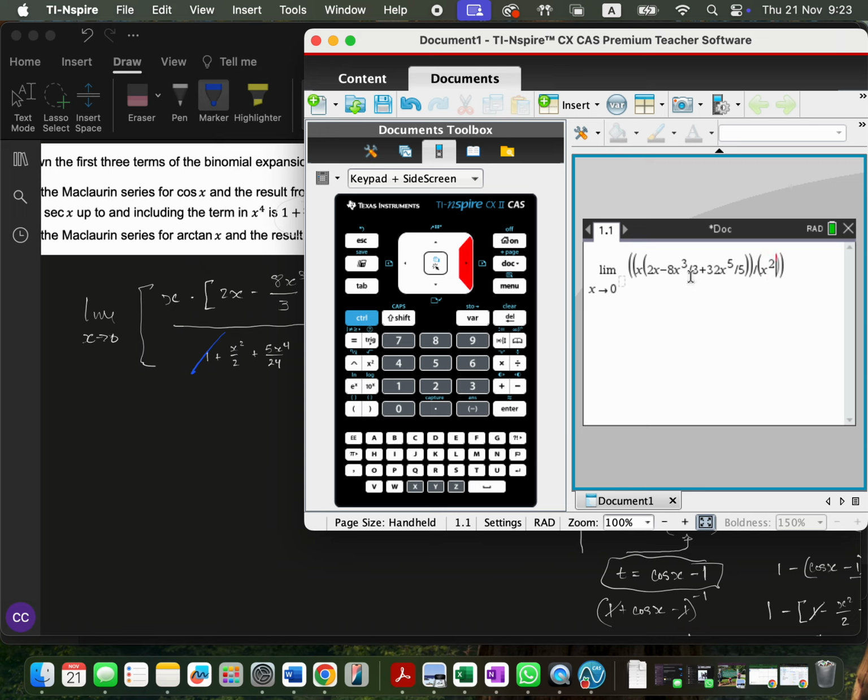Gotta get this right. Divide by 2 plus 5x to the fourth, all over 24.